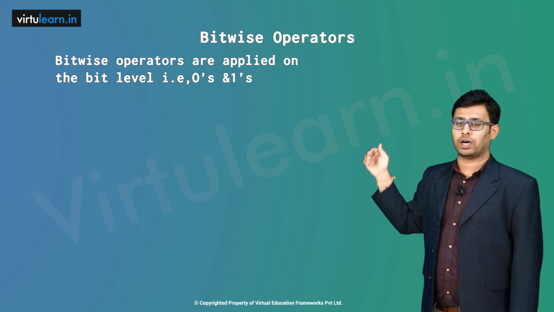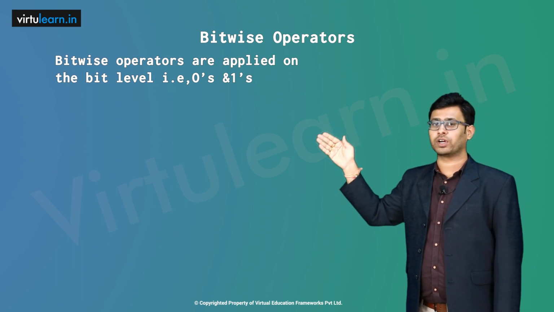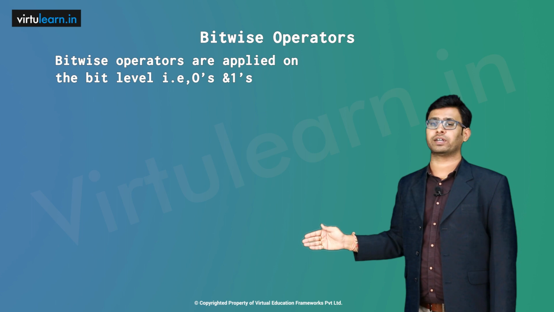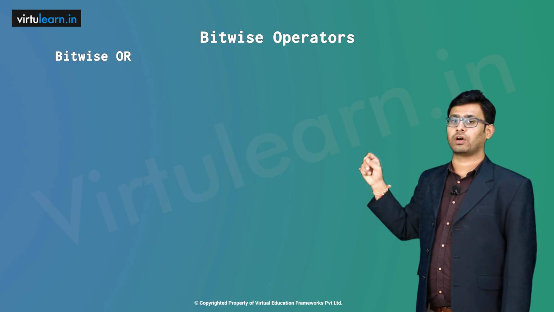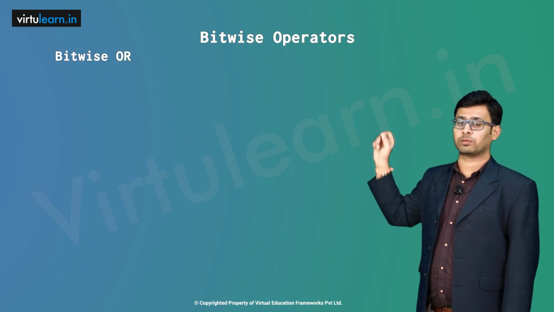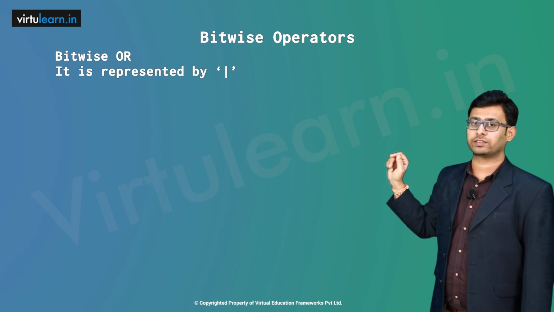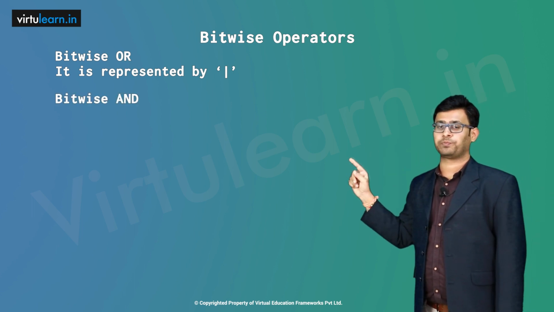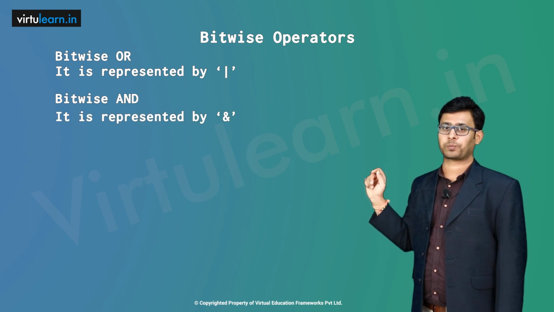Okay. Now, coming to these bitwise operators, the different operators which fall under this category are, the first one is bitwise OR, represented by a single pipe sign. Next, bitwise AND, represented by a single ampersand sign.